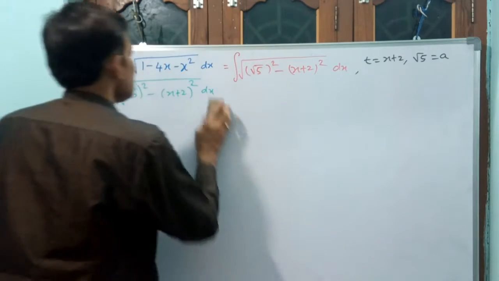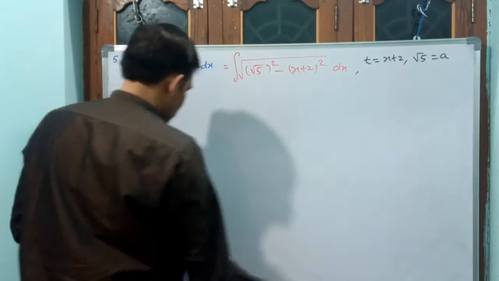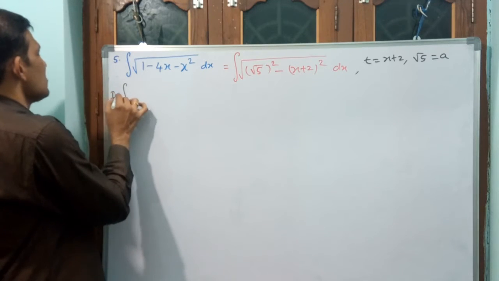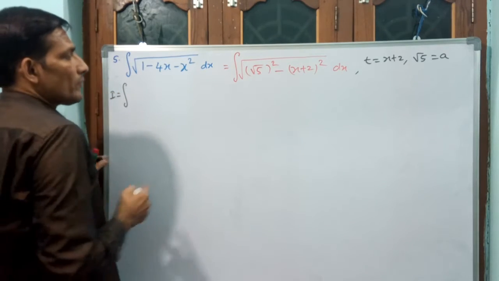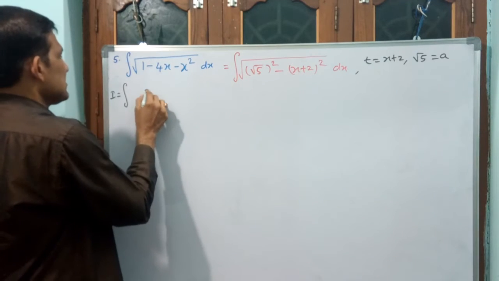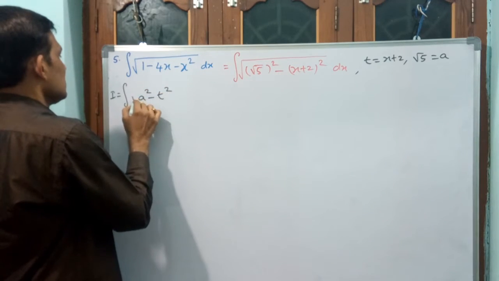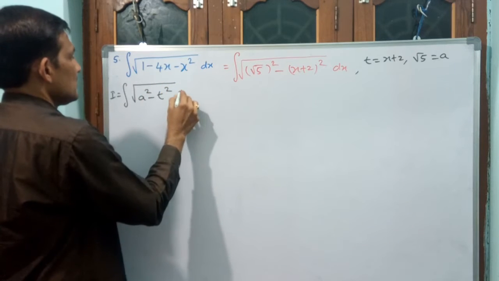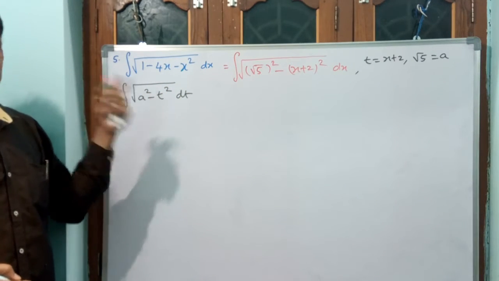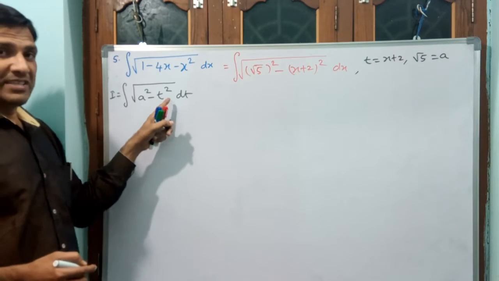Okay. If that is the case, this I am going to change like this, you see. Now I is equal to integral of square root of a square minus t square dt. Dt means into 1 is there, into 1.